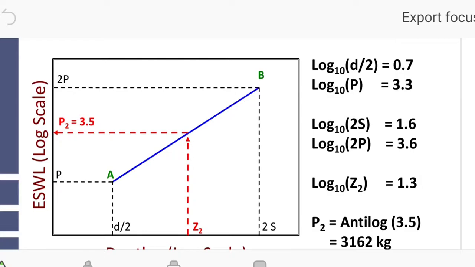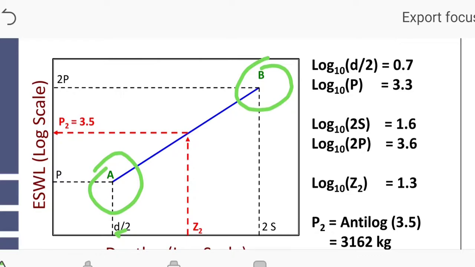So here for example, first of all we need to mark point A and B, right? d by 2 on x-axis, P value on y-axis, similarly 2S, 2P.